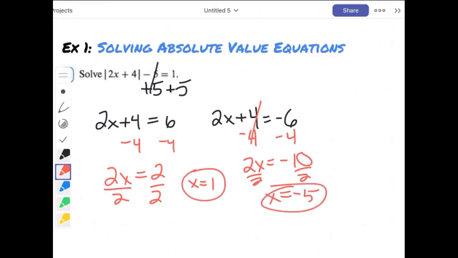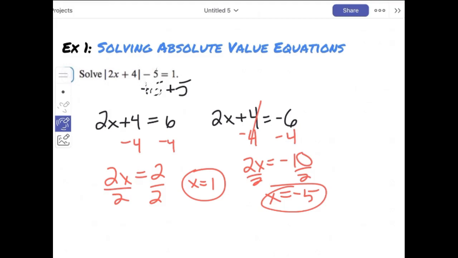Okay, so let's actually go back. I said we would be looking for extraneous solutions, so I'm going to take a look at some of those right now. If I plugged in x equals 1, 2 times 1 is 2, plus 4 is 6, absolute value of 6 is 6, minus 5 is 1.